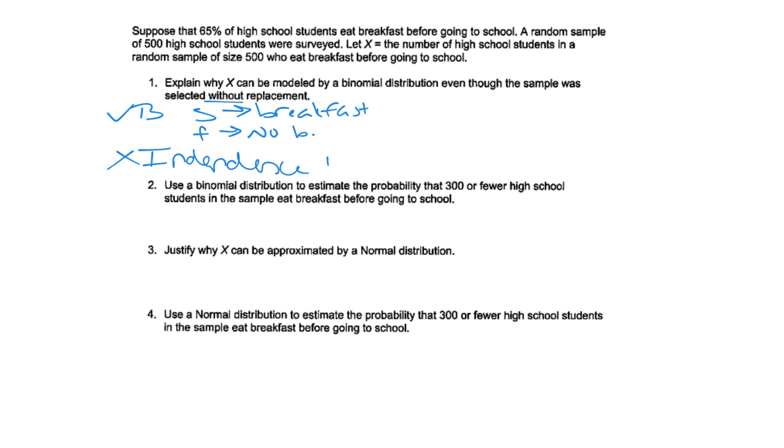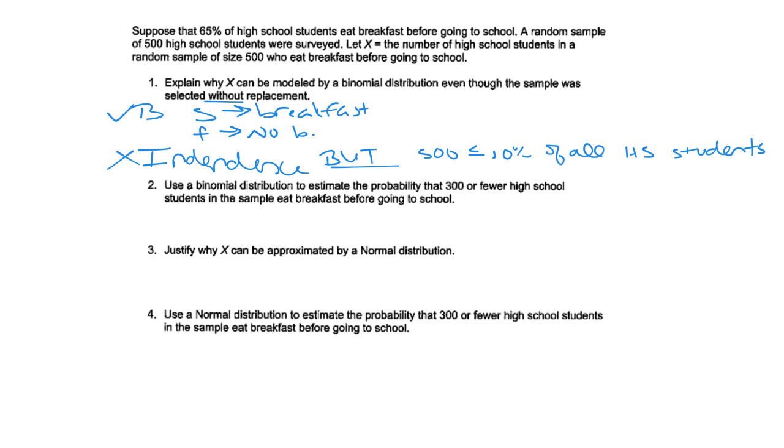Okay. However, this is where the big but comes into play, right? If I don't meet the independence, I can still check my 10% rule, and 500 is going to be less than 10% of all high school students, because that's what we're talking about here. So there are definitely way more than 5,000 high school students, wherever you're taking this from.